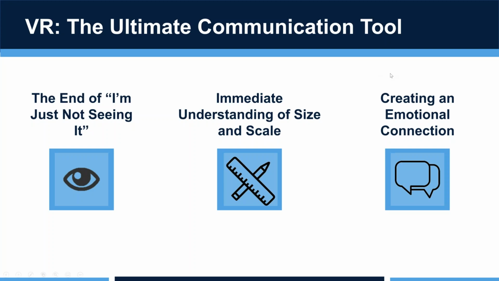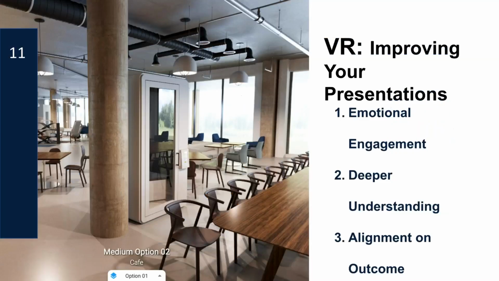And then when we talk about creating an emotional connection, the reason why that happens is because it's very connected to agency. So you give your customer their own agency to explore these designs, to explore these spaces. And that gets them very connected to the project on a much deeper level than a passive viewing or a still image. And we'll talk a bit more about that.